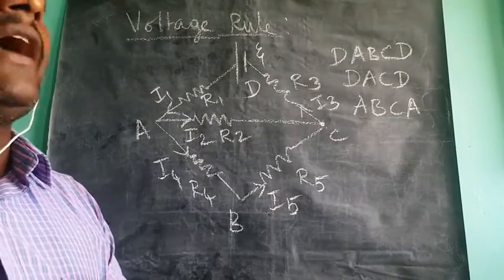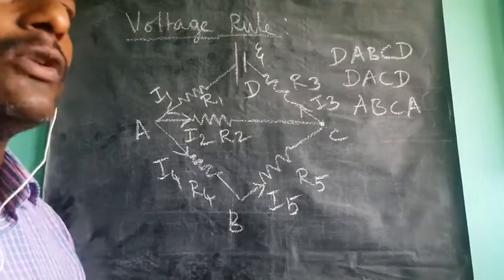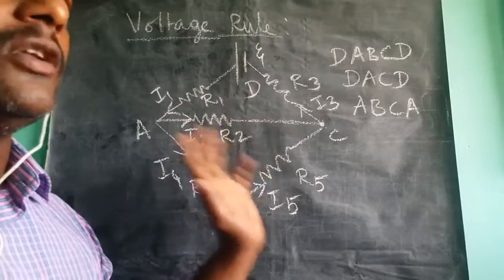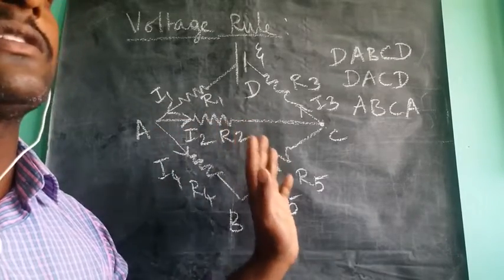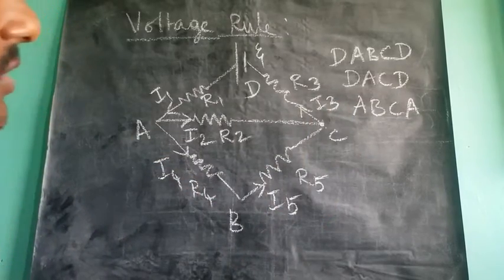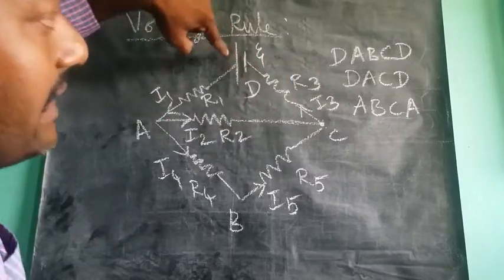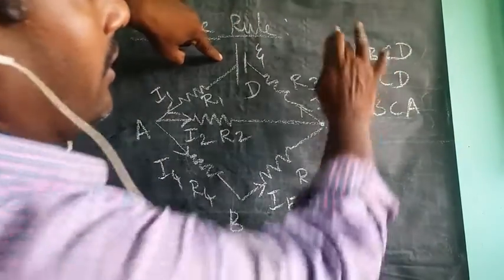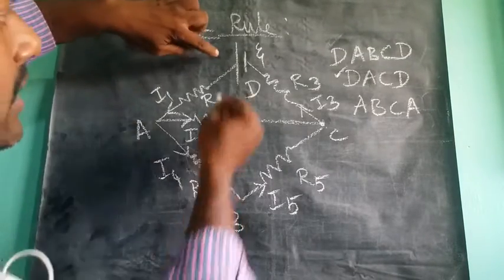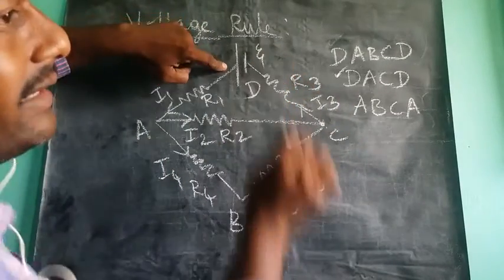As I told you, in the closed circuit the product of current and resistance will be equal to the EMF. Now let me take the first one, DACD. Look at the direction of the current. This is coming from positive and it ends at the negative.